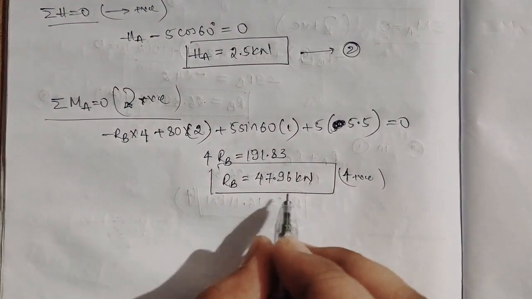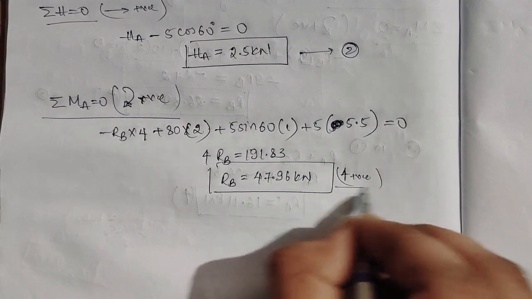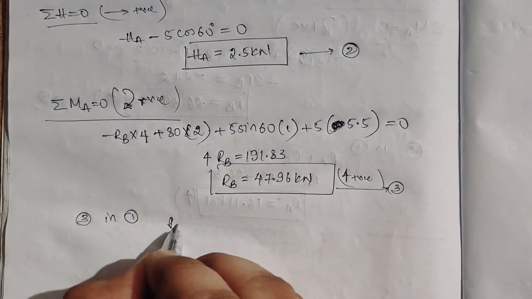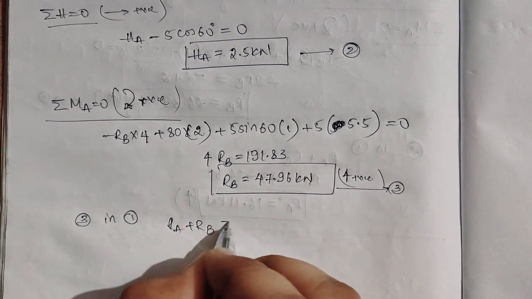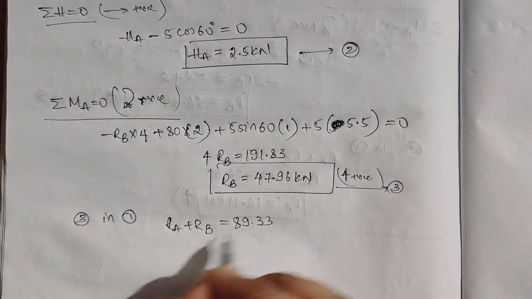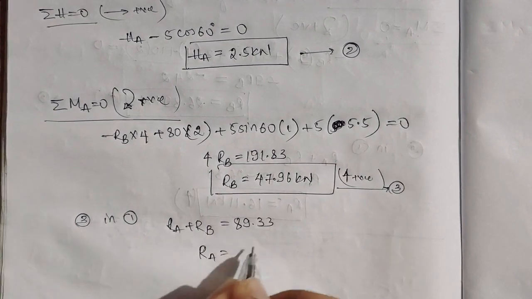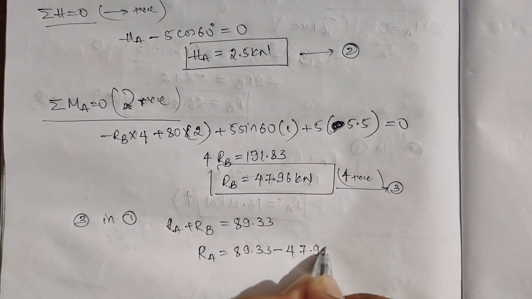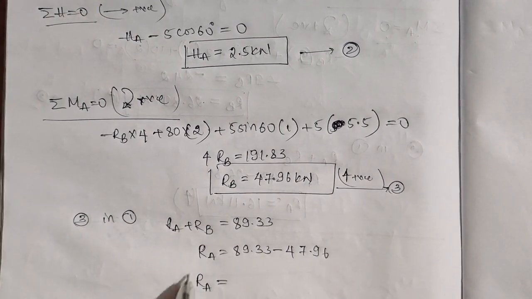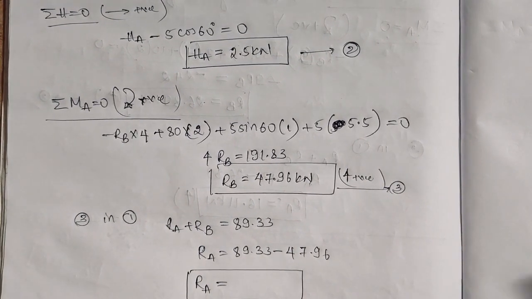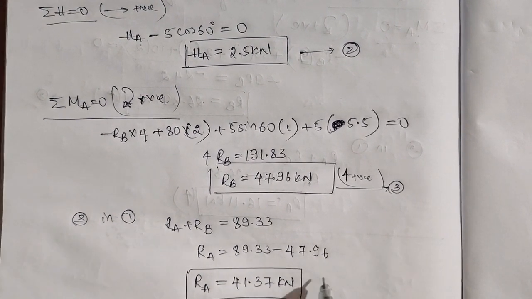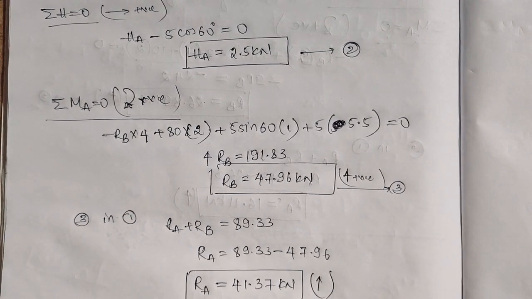What I'll do, I'll substitute this in equation number 1. What is equation number 1? RA plus RB is equal to 89.33. So RA will be 89.33 minus 47.96. So RA will be 41.37 kilonewton. It is upward as positive.